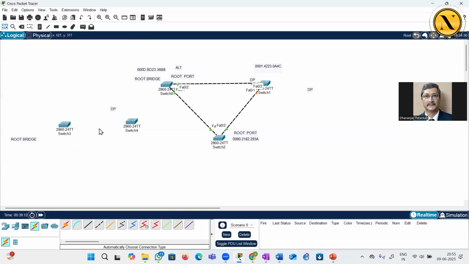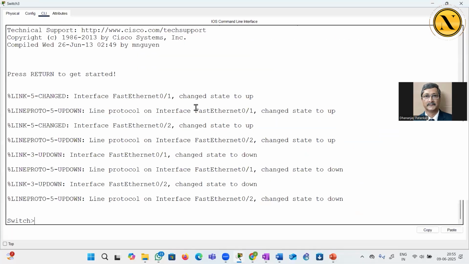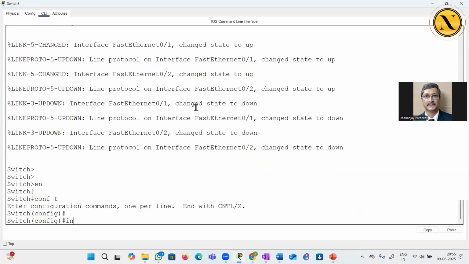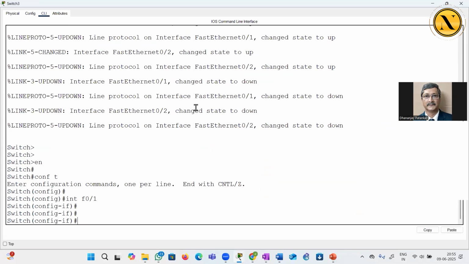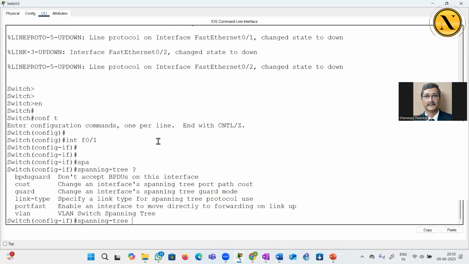So I think I'll connect the auto cable so it will go on the first port. So let me go on the first port and give a command. Enable, configure terminal, interface F0/1, spanning tree guard.